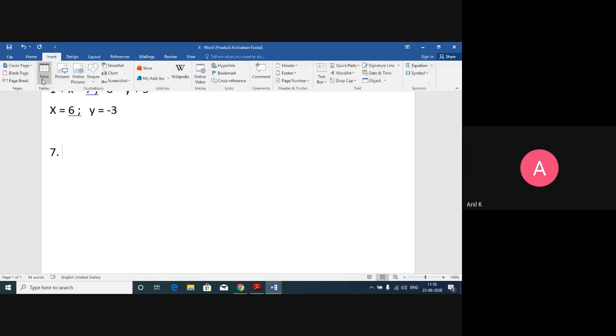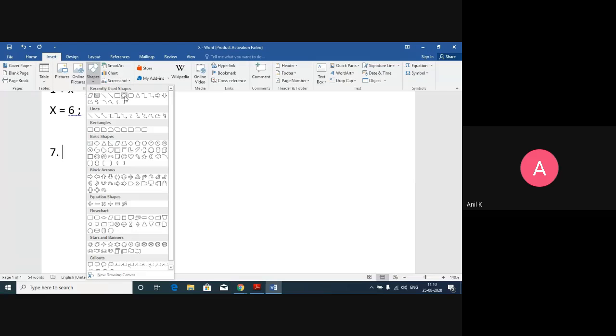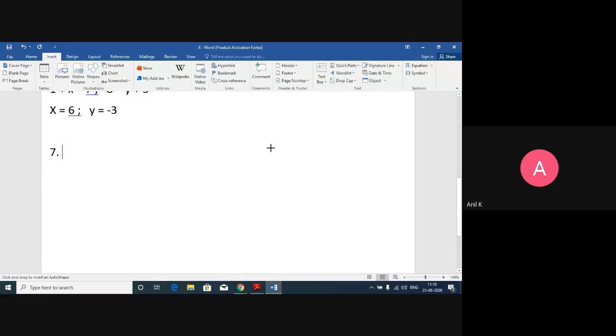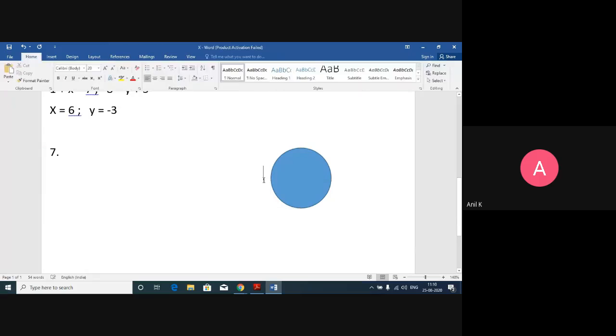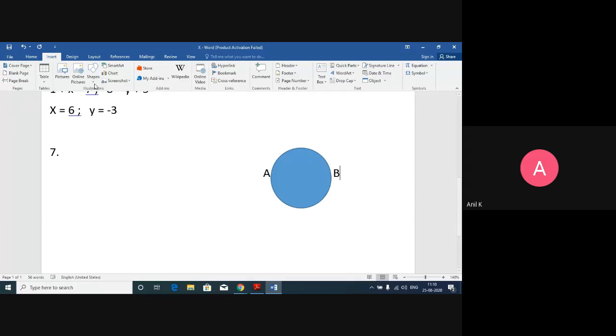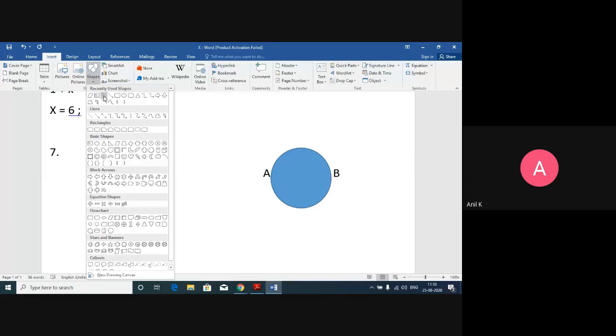For that, let me insert the diagram so that it is easy for you to understand. Here I take the point A, and here the point B. Draw the diagram. Diameter.